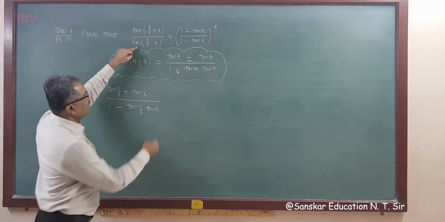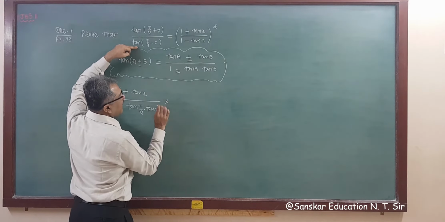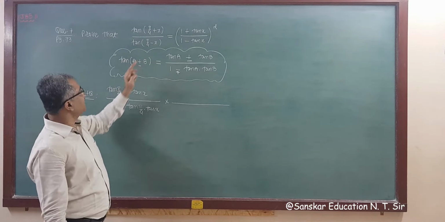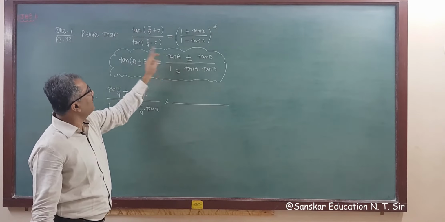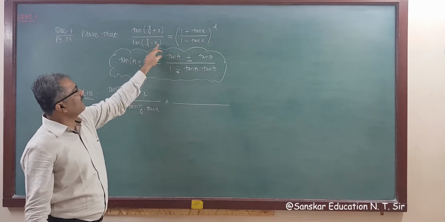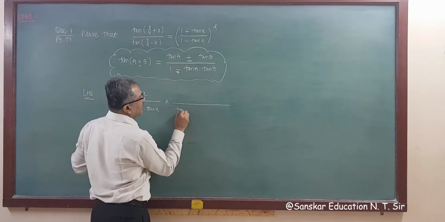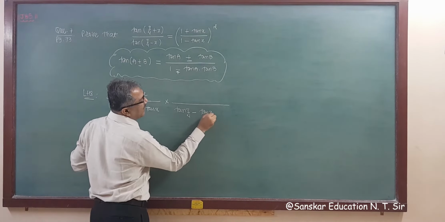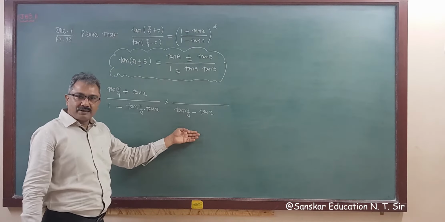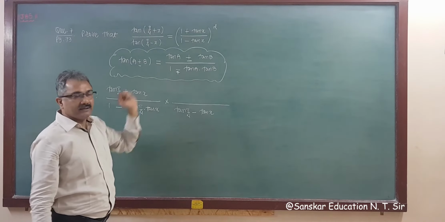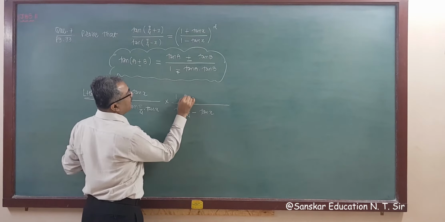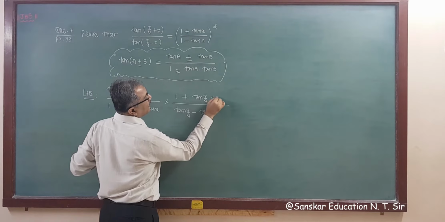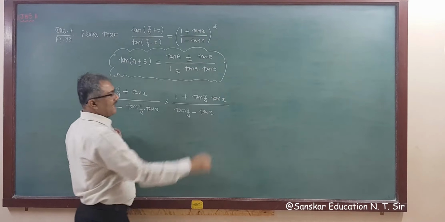Now divide means I am writing here into, in the denominator tan(pi/4 - x), that is tan pi by 4 minus tan x. So I am writing here tan pi by 4 minus tan x upon, the denominator of the denominator goes to the numerator, so 1 plus tan pi by 4 into tan x.